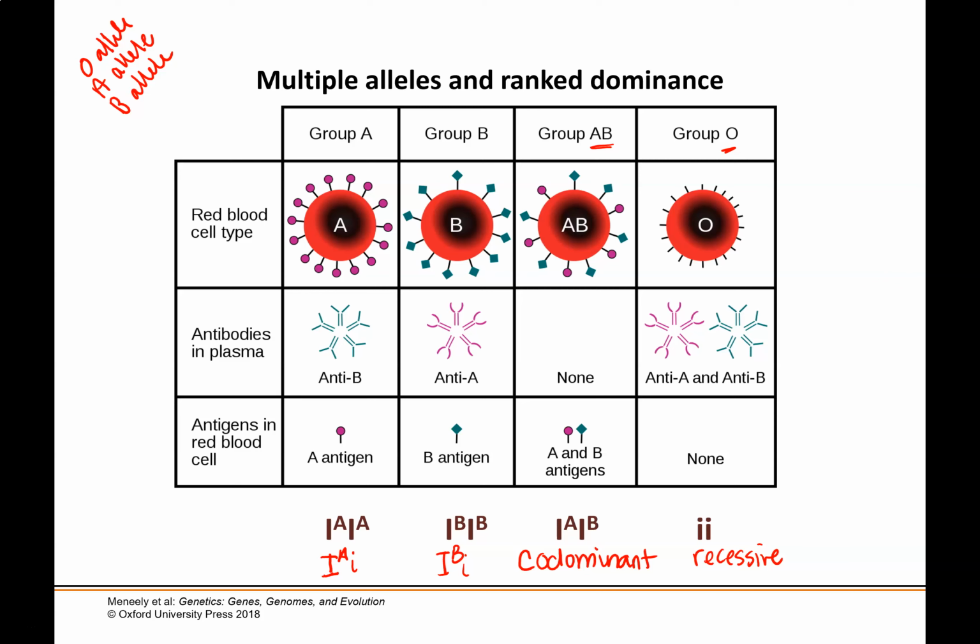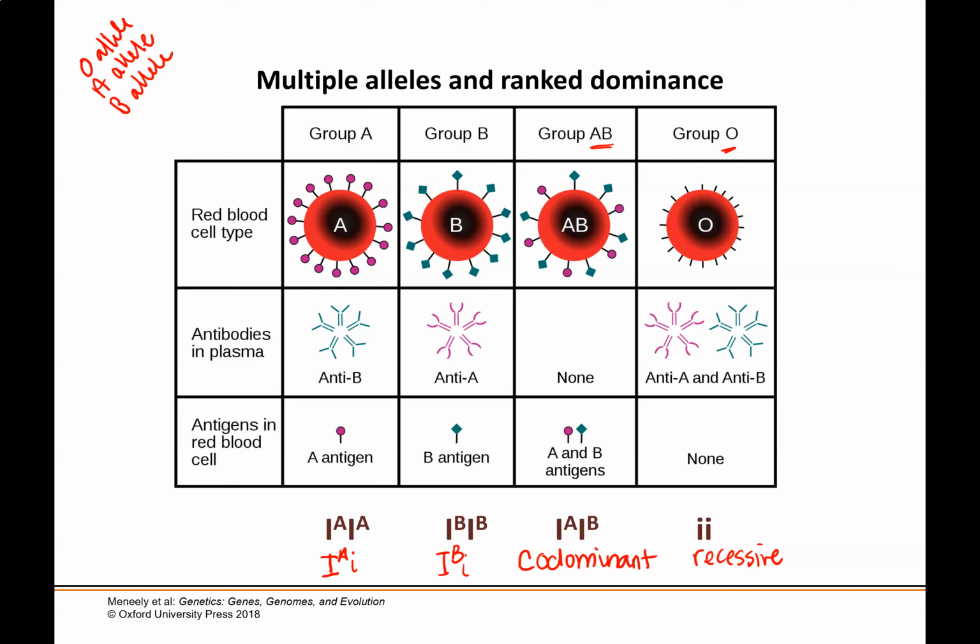So if you receive type B blood, your body's going to have an immune response because it has been exposed to that B antigen. Likewise, if you are blood type B and you produce the B blood with the B antigen, your body is going to produce an A antibody. So if you receive blood type A, your body is going to produce an immune response against the A blood type.